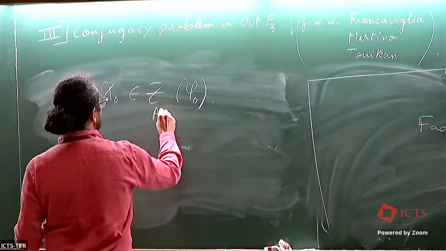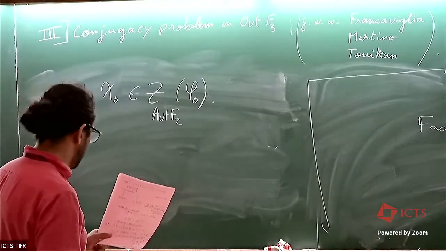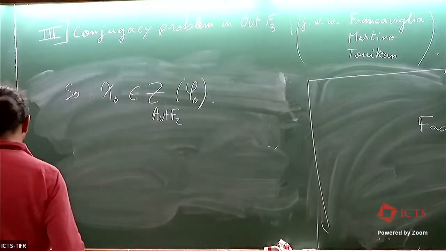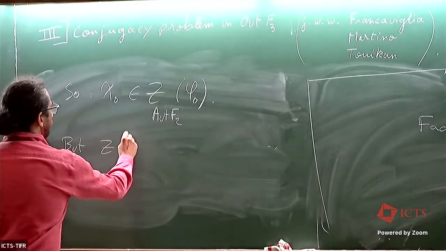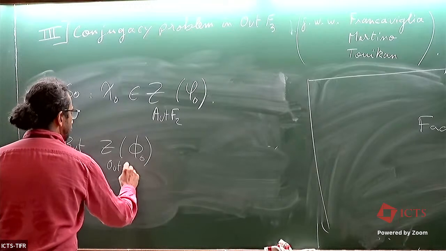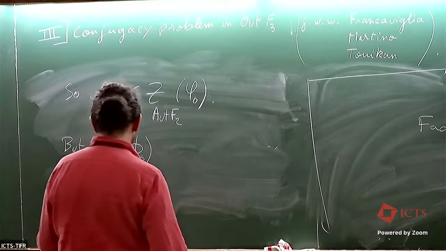In Out(F2). In all the cases that we are treating, the centralizer of phi 0 in Out(F2), which is just simply GL2(Z), is virtually cyclic.